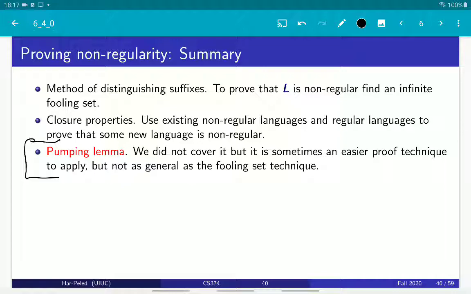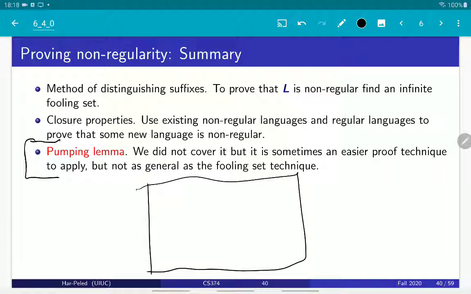So let me recall quickly what the pumping lemma is, because I want you to know about this argument, as it is another way of thinking about what's going on. The basic idea for regular languages is that if we have a language and we assume that it's regular, then it has a finite DFA.